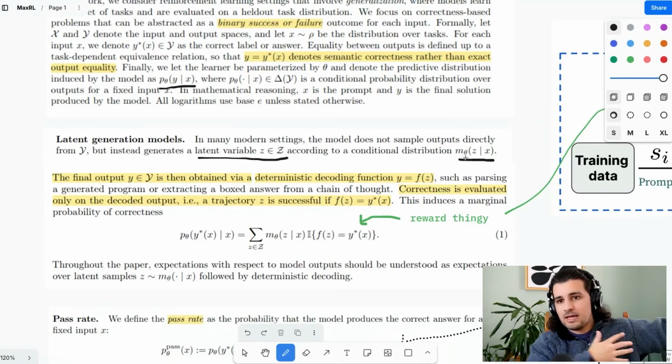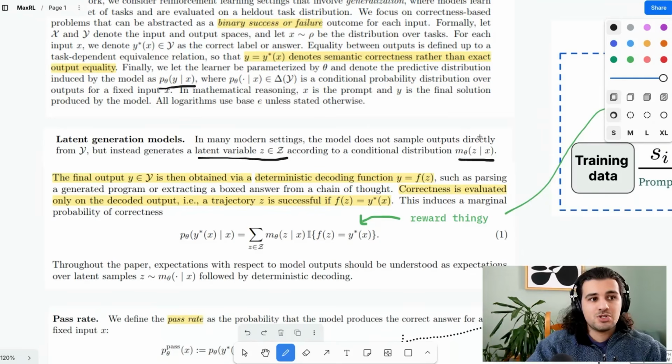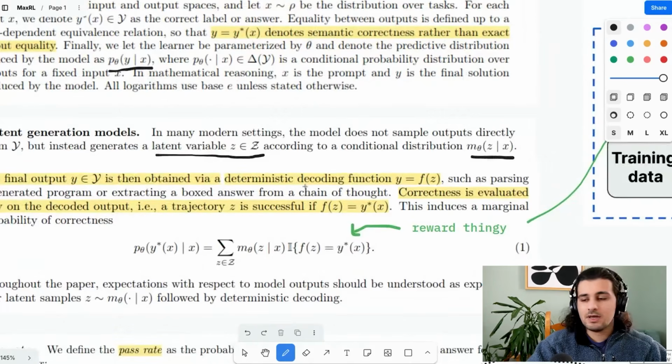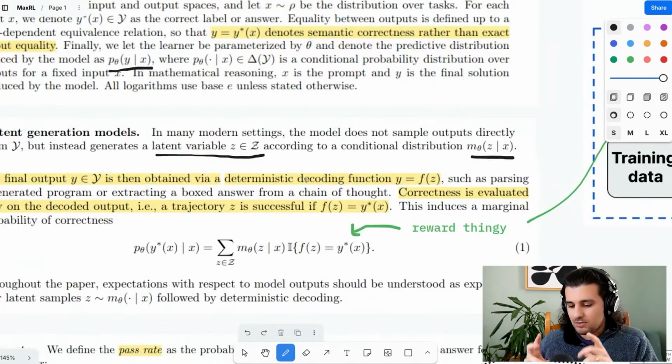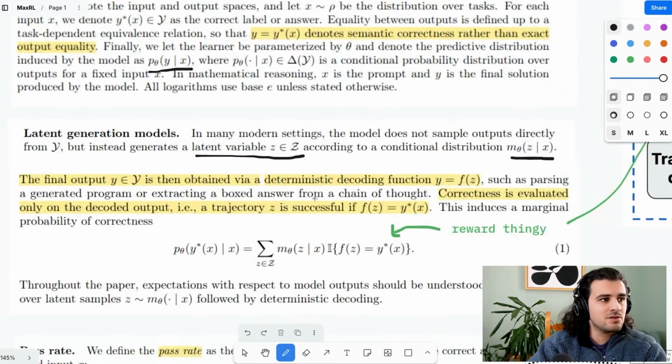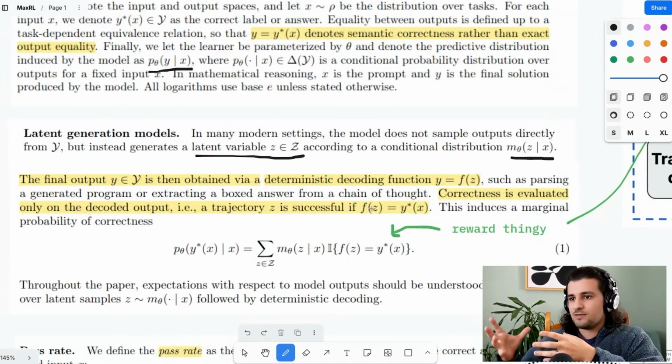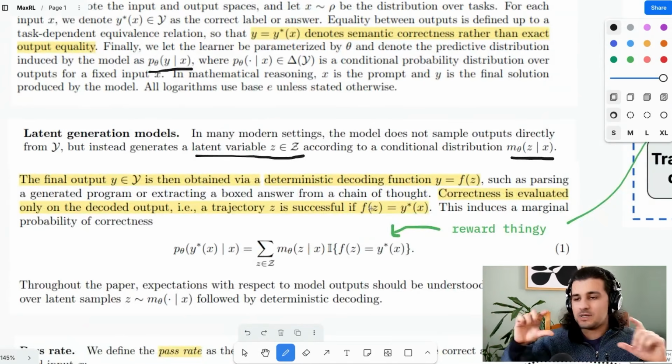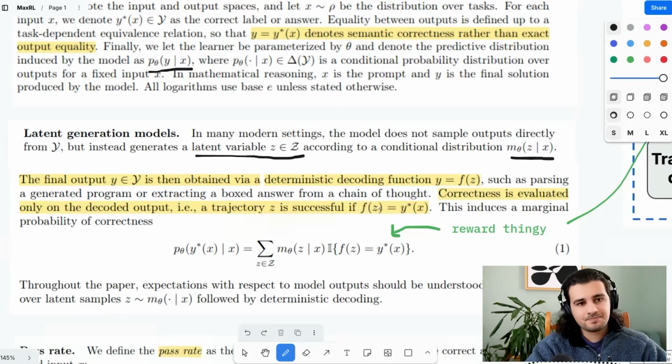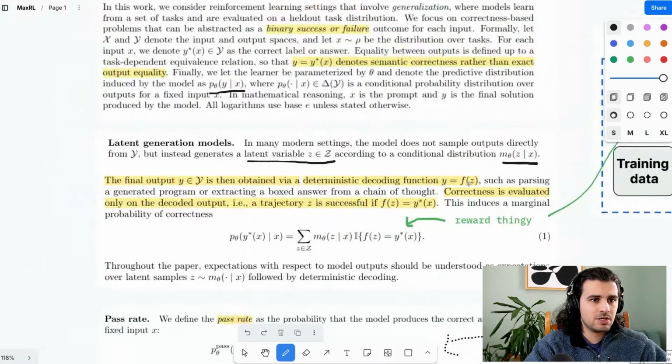Then you have a deterministic decoding function, which will find the answer in there. In this case, it can be a boxed answer from a chain of thought. It can be checking if you have the correct output at the end in a specific format, that sort of stuff. It's all Qwen that they're looking at, so a boxed output is the way to go here.